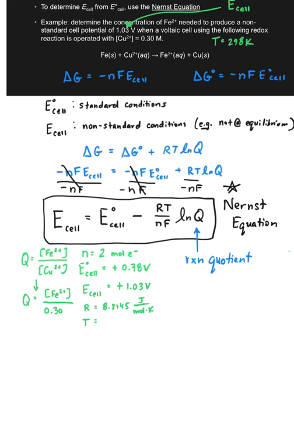We know the temperature, or at least presumed a temperature. We now have N. We know F is Faraday's constant, 96,485 joules per volt per mole of electron. We have all the information, therefore, necessary to plug into the Nernst equation and solve for the only remaining unknown, which is the concentration of iron cation we need in this electrochemical cell.